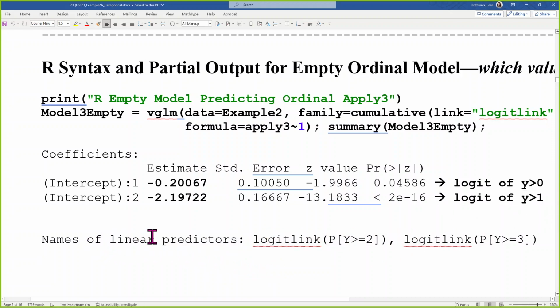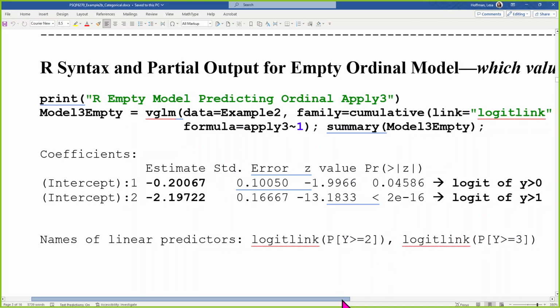Name of linear predictors, meaning what is the submodel about? It says the first one is y greater than or equal to 2, and the second one is y greater than or equal to 3. What's the highest category I have? Yeah, 0, 1, and 2.